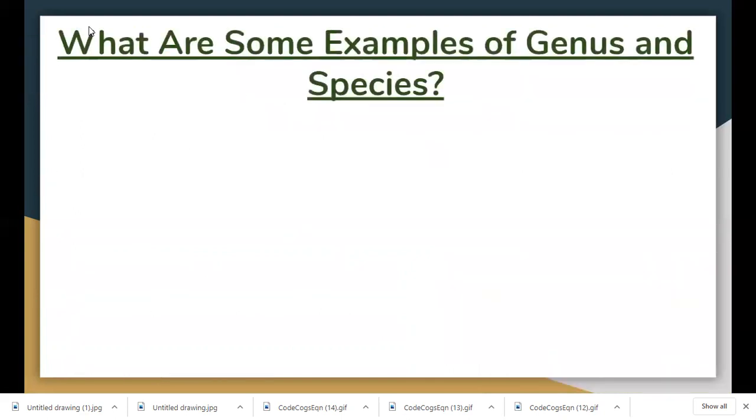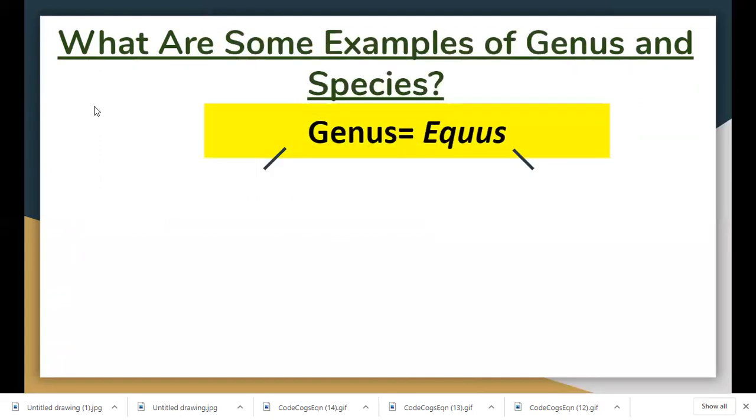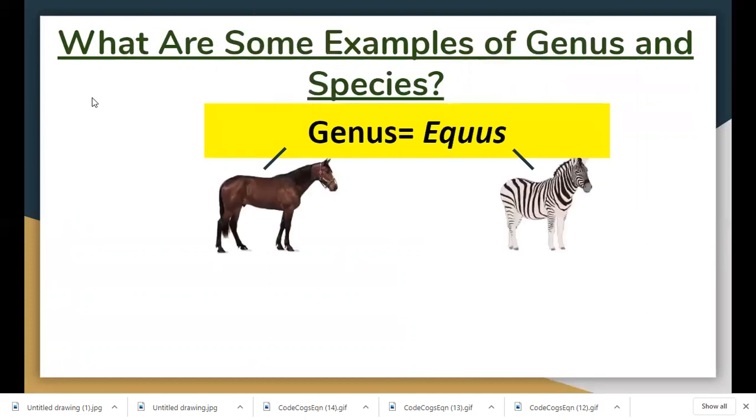What are some examples of genus and species? Here's where we get to take a little bit of a look how this works. Well, the genus Equus, I told you the names are going to be a little weird. We have 2 animals in the genus Equus. Can you tell what they are? The horse and the zebra. And you can see that they're both similar in many ways. So they both belong in the same genus.